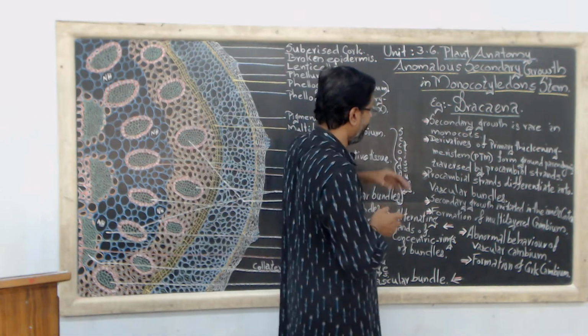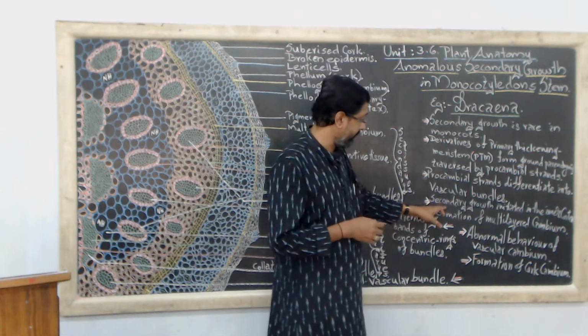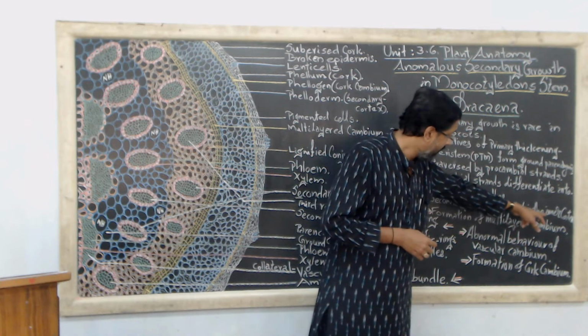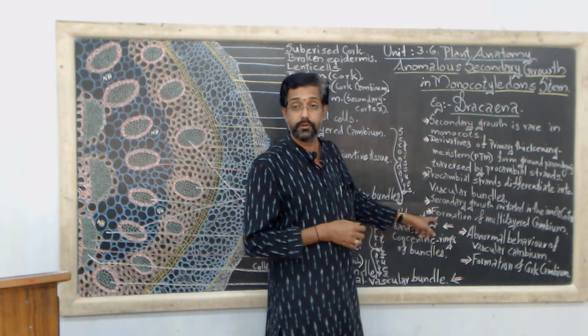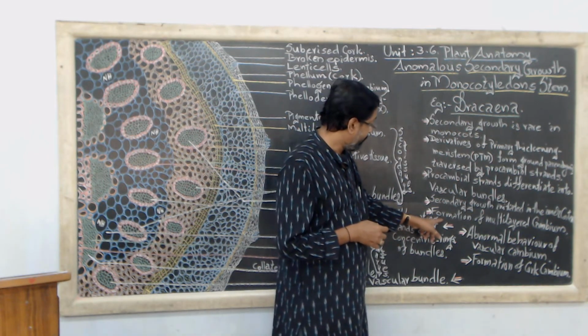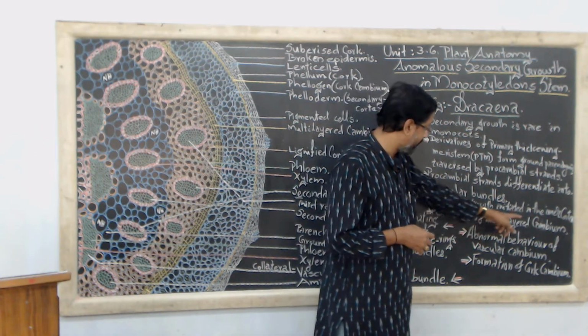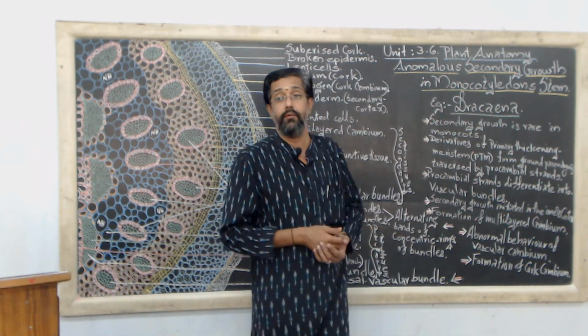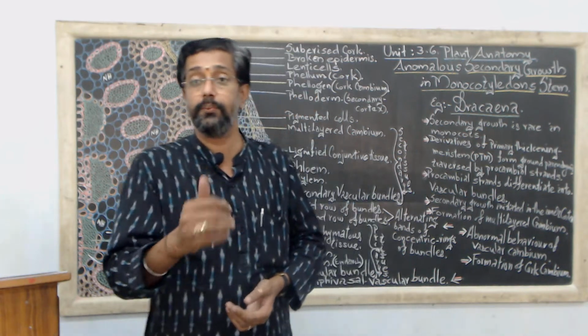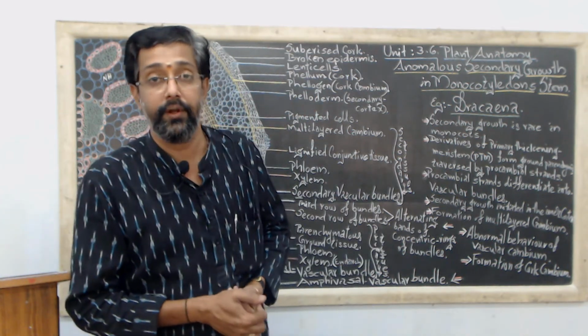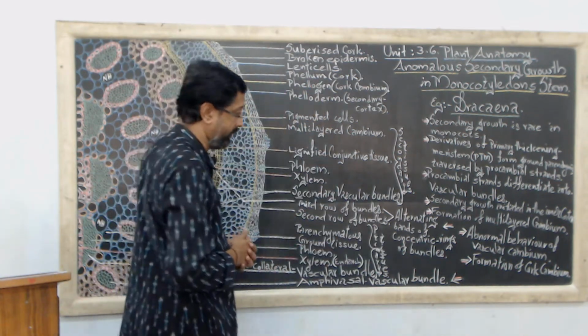And coming to the secondary growth, it is initiated in the inner cortex, and the formation of multi-layered cambium is the first related process in secondary growth in thickness in monocot plants.